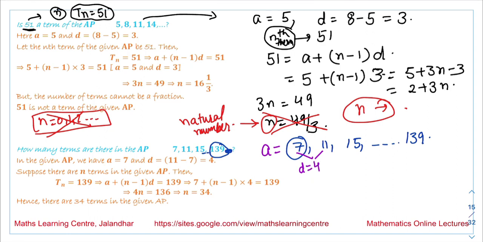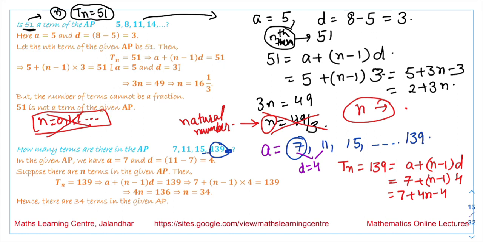So Tn, that is equal to 139, is equal to a plus (n minus 1)d, that is 7 plus (n minus 1) and d is 4. So it is 7 plus 4n minus 4. So we get 4n is equal to 136, so n is equal to 34. So this AP 7, 11, 15 up to 139 has a total of 34 terms, if 139 is the last term of this AP.